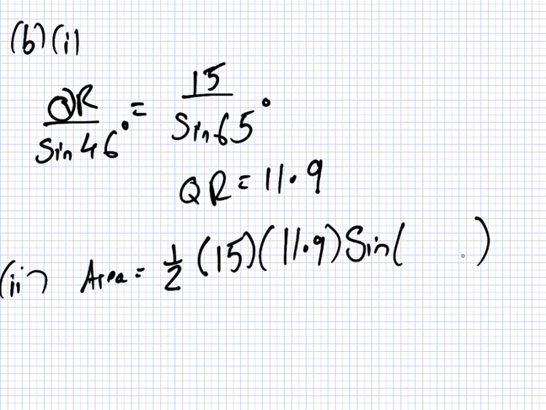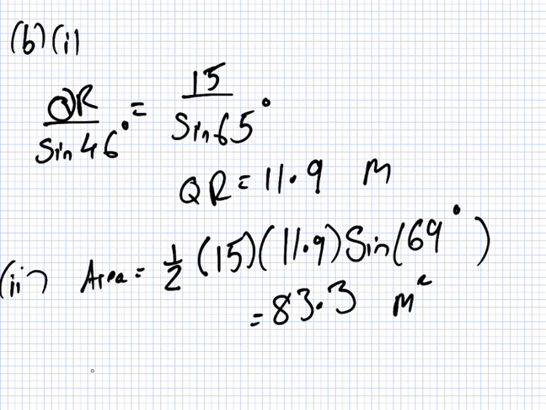So I'll just type in 180 minus 46 minus 65, so this is 69 here. You see which two sides I'm using? I'm using PQ and QR. It's okay, isn't it? 83.3 meters squared.